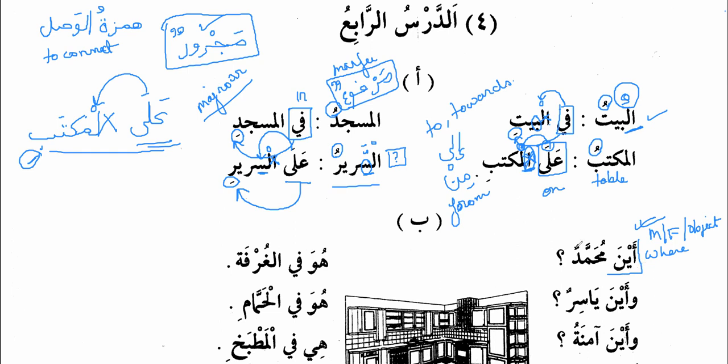Male, female, and object. It can be used for all three of them. Aina Muhammadun. Where is Muhammad? As I told you, in Arabic, is and am do not exist. Aina Muhammadun, you will translate it as where is Muhammad?